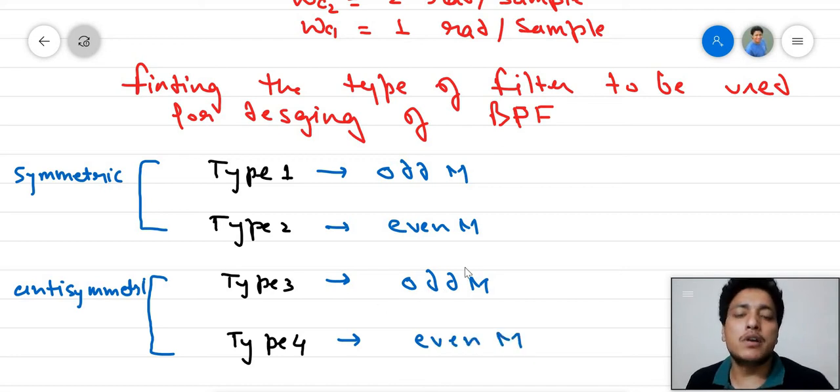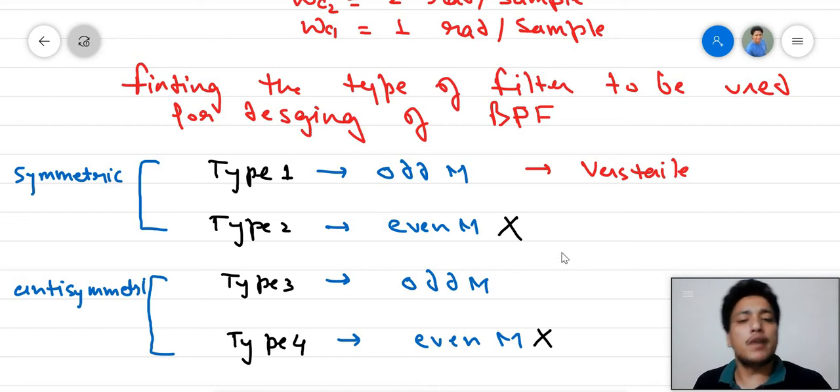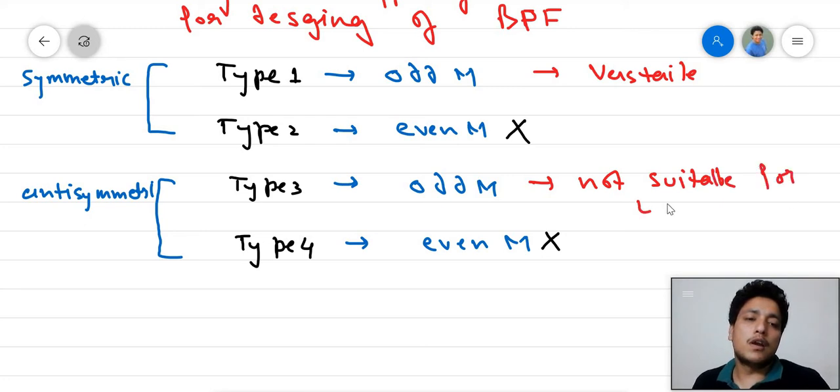So as M is equal to 9, this one is cancelled. We cannot use type 2. Similarly, we cannot use type 4 because the given M is an odd sequence. Type 1 is versatile and can be used with LPF, BPF and HPF. Type 3 is not suitable for LPF and HPF.